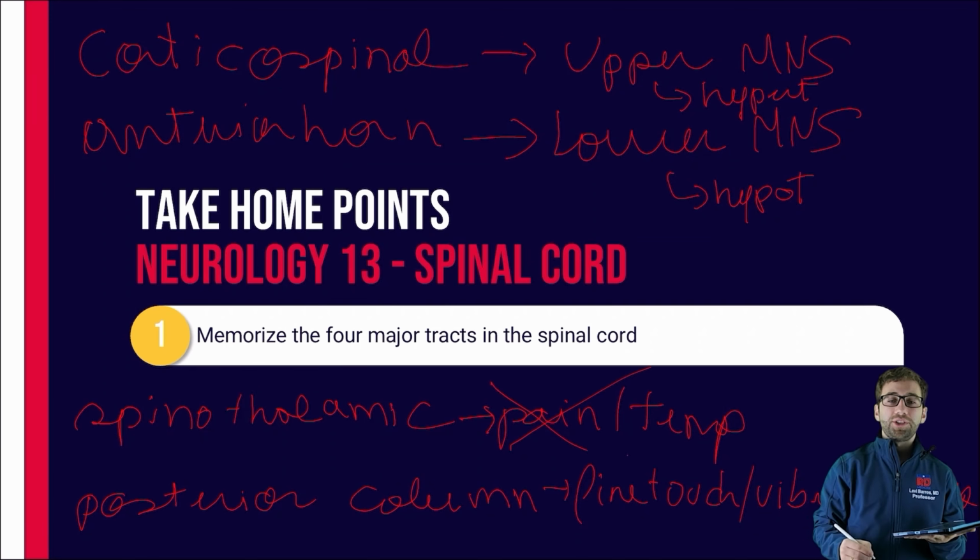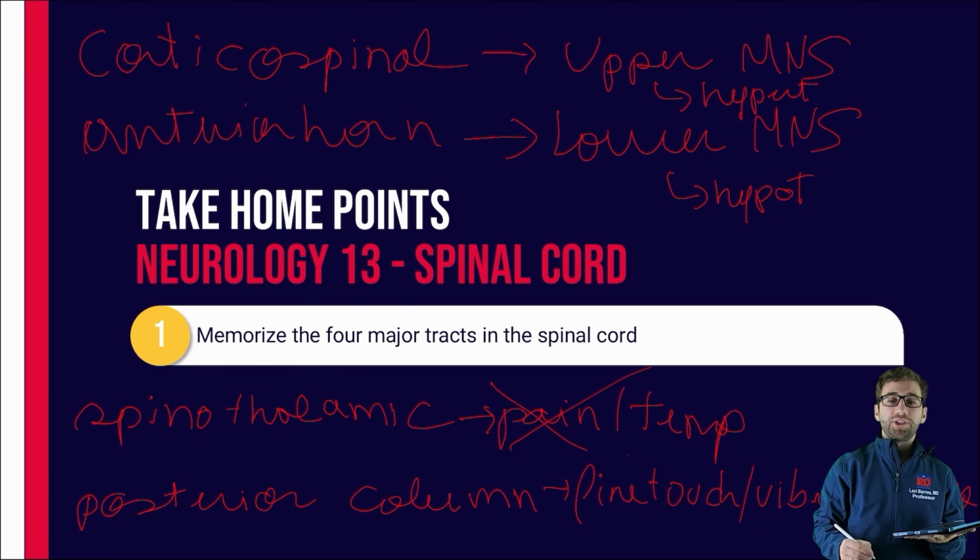Now, central cord syndrome, often resulting from hyperextension injuries, cervical spondylosis, or syringomyelia. Syringomyelia is the most important for your exam. It affects the central part of the spinal cord, especially the spinothalamic tract and the anterior horn, causing greater weakness in the upper limbs than in the lower limbs.